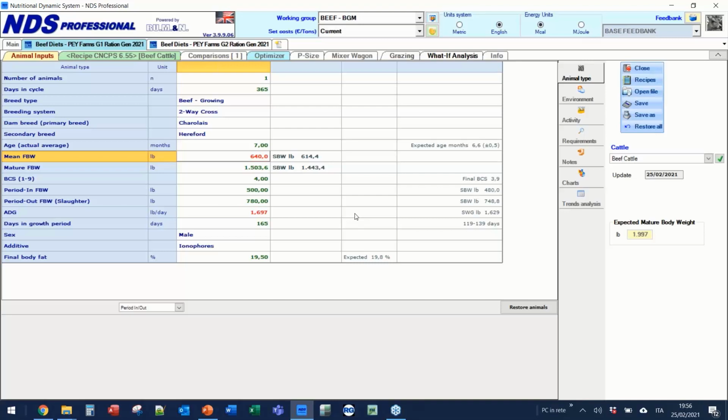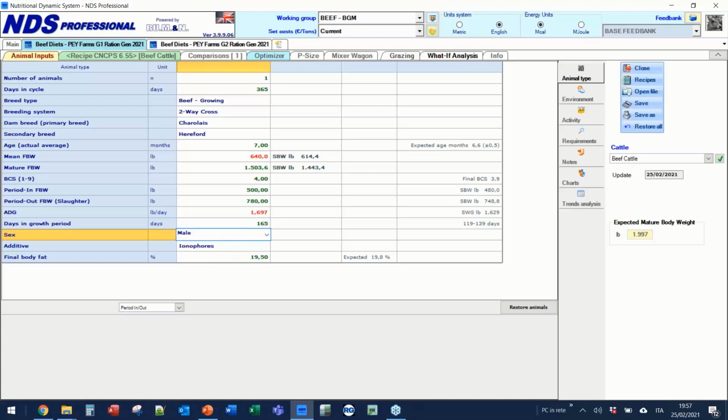Then we need to set the type of animal we are working with, I mean male, female, or steers. In this case, we are working with male, entire male.